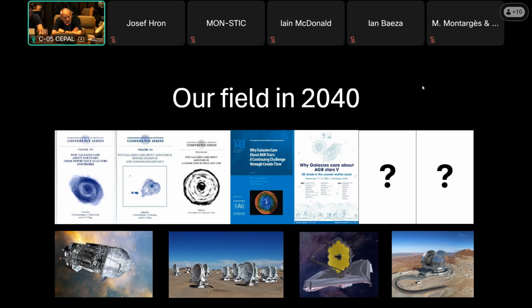You will have baselines of thousands of kilometers, so you'll get really detailed CO measurements there. And not only detail, but you can also use the angular resolution to go much further beyond what Gaia can do, and maybe even reach into the bulge, although we don't expect CO there.